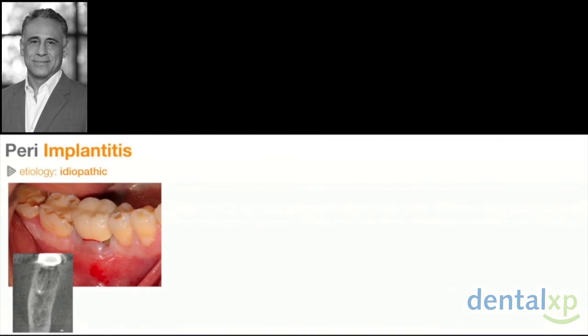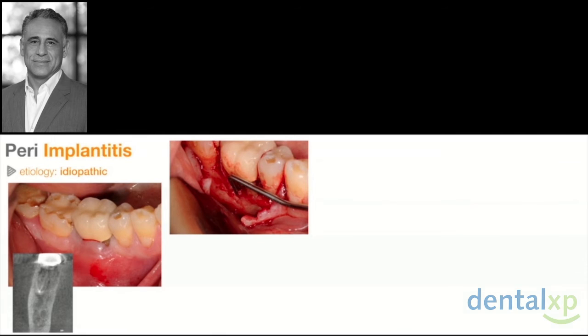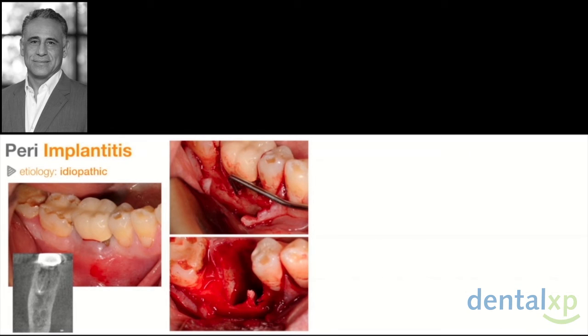Finally, we have an etiology of peri-implantitis which we call idiopathic, with no known cause. So here's a patient who had the extraction of a tooth that was non-restorable due to a vertical fracture and bone loss. The tooth was initially extracted and grafted to restore.